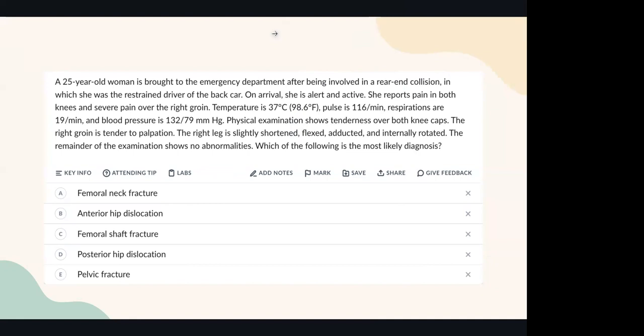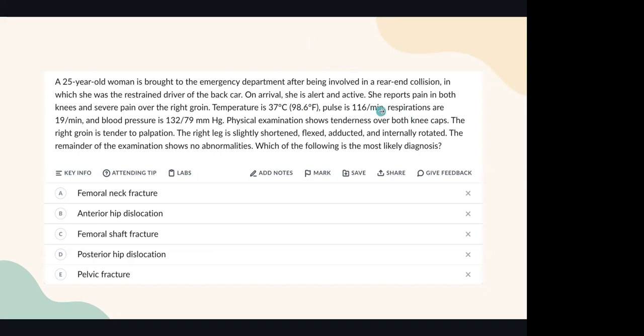A 25-year-old woman is brought to the emergency department after being involved in a rear end collision, in which she was the restrained driver of the back car. On arrival, she is alert and active. She reports pain in both knees and severe pain over the right groin. Temperature is 37 degrees Celsius.